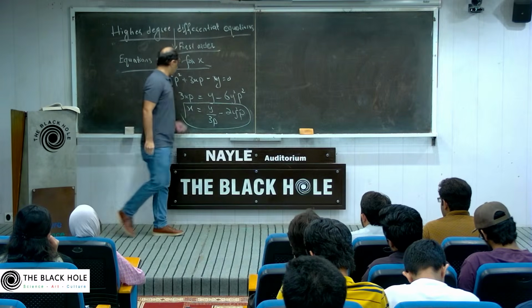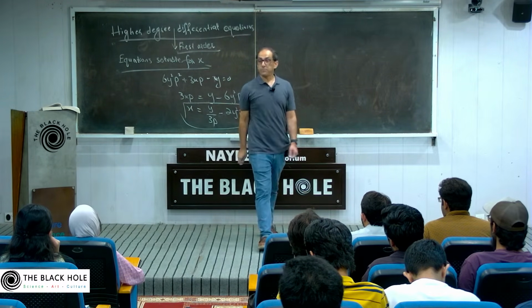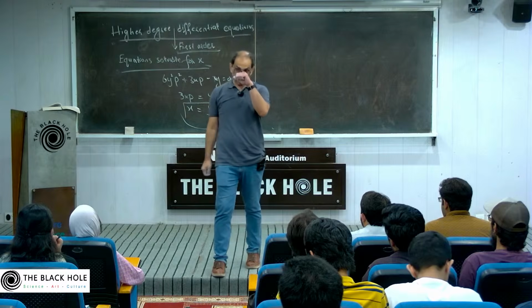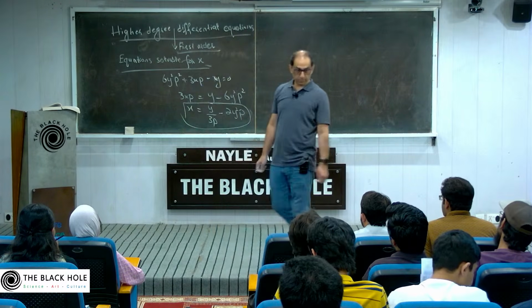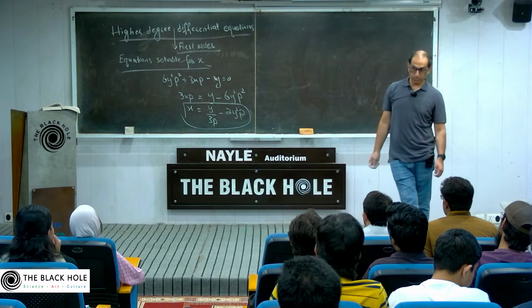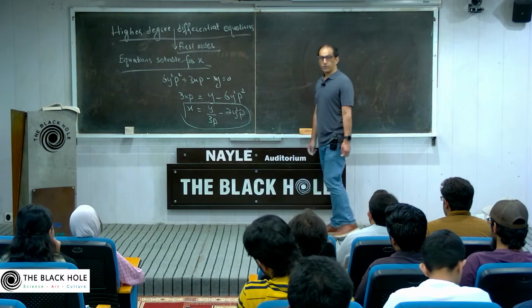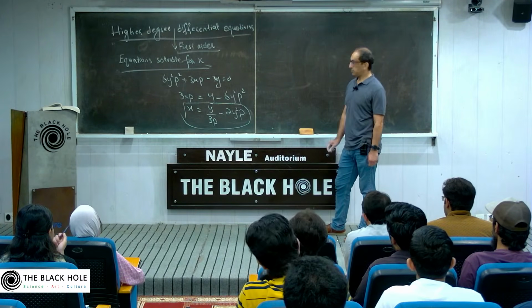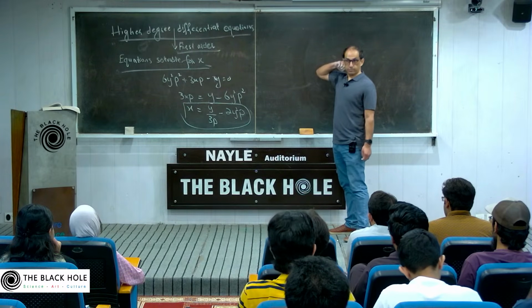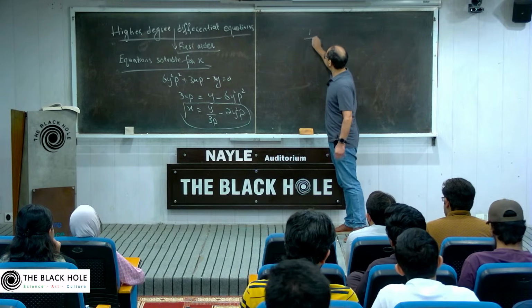Now you need to make it p. How can I make it p? If I differentiate it with respect to y, so what would I get? dx over dy. And what is dx over dy? 1 over p.